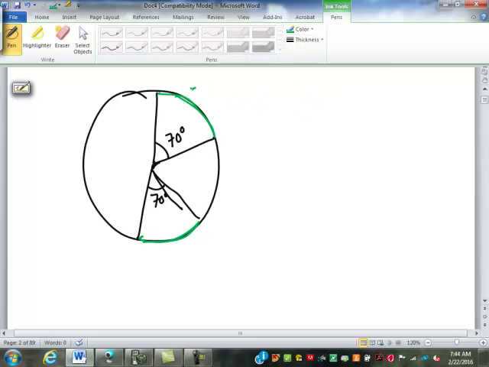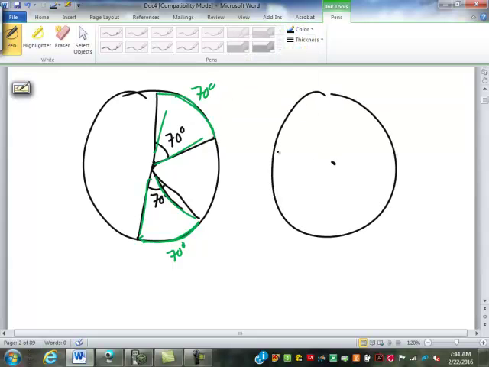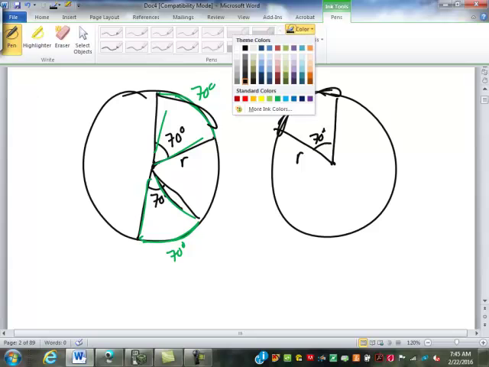Well, first of all, they're both 70 degrees. And then their actual length is defined by their angle and their radius. And since they're in the same circle, all 4 of these radii have to be the same. Or even if I had another circle that we knew had the same radius, and this was 70 degrees, these arcs have to be the same. So anytime you have the same radius and the same central angle, the arcs will be equal. The arc lengths will be equal.